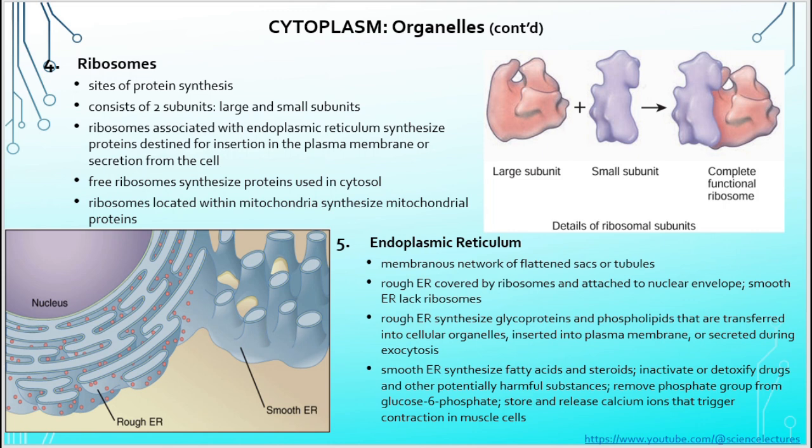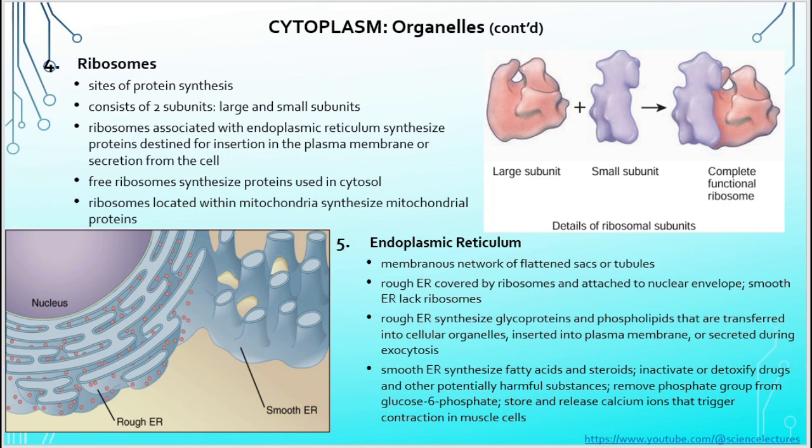The endoplasmic reticulum, another cell organelle, is a network of membranes in the form of flattened sacs or tubules. The endoplasmic reticulum extends from the nuclear envelope, the membrane around the nucleus, to which it is connected, and spreads throughout the cytoplasm.